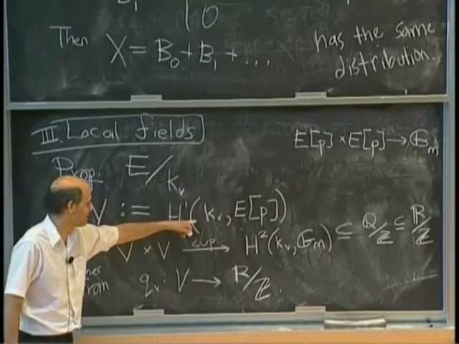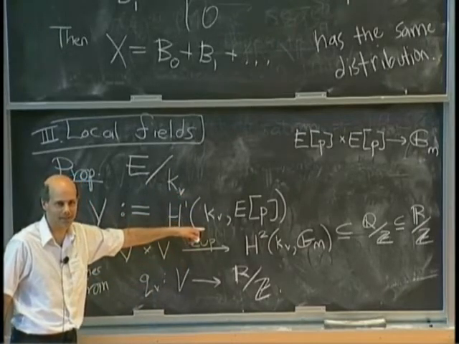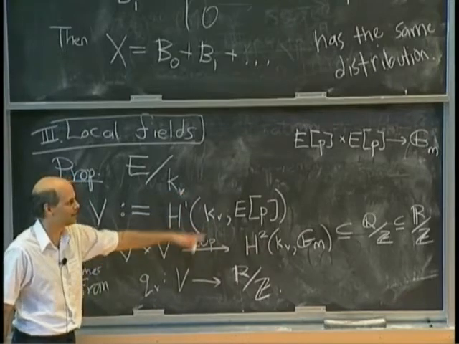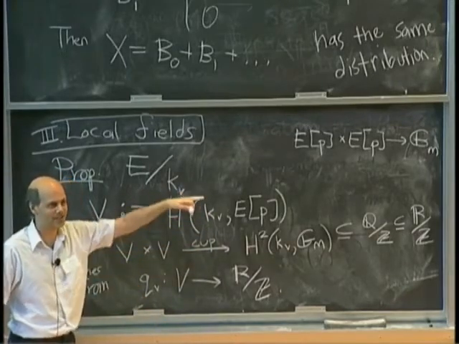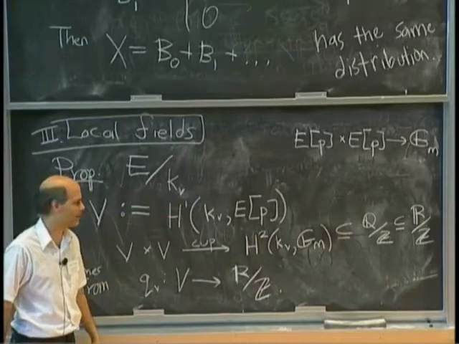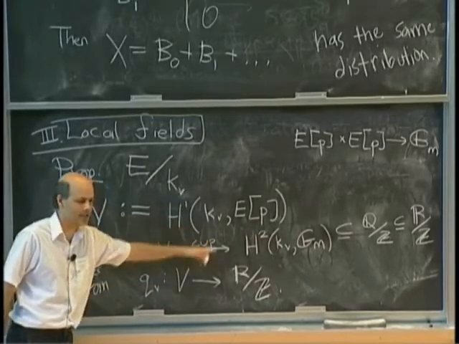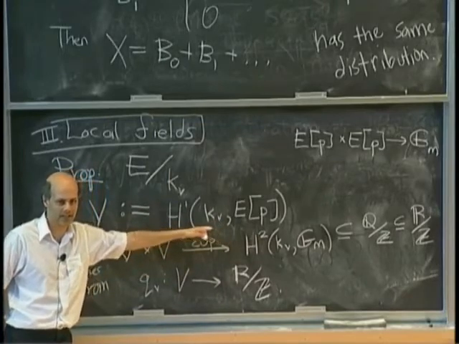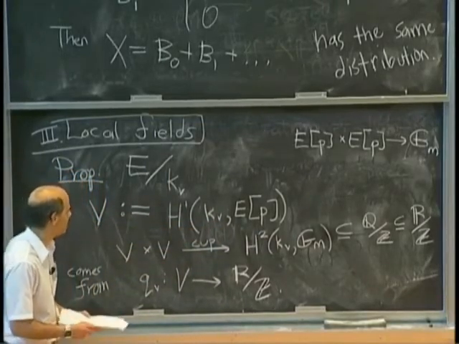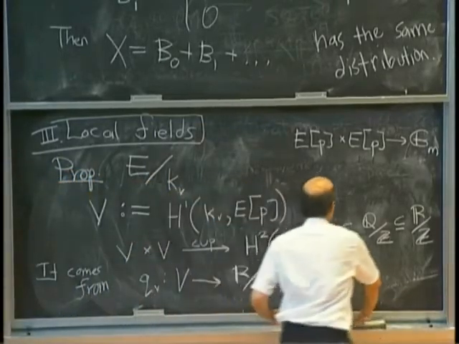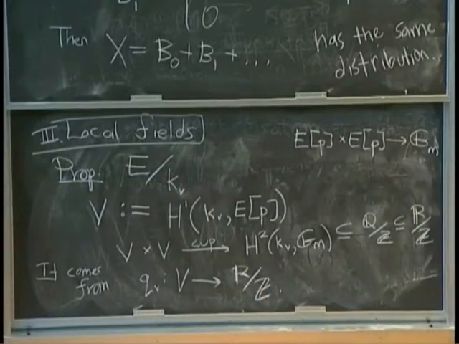In that case, this H1 would actually have a topology. It would be a locally compact Fp vector space. That's one reason for using this general machinery. But in the case of a completion of a number field, this is just a finite dimensional vector space.